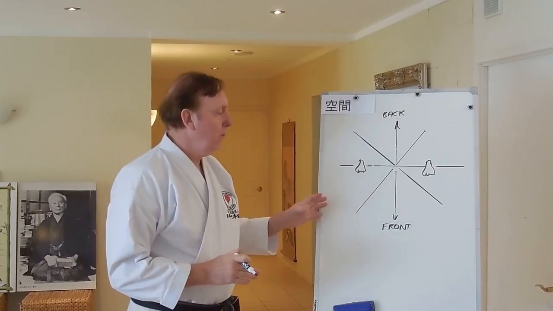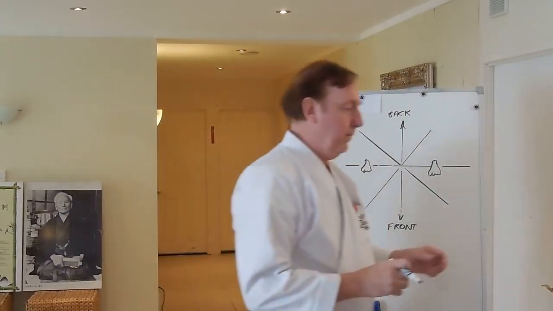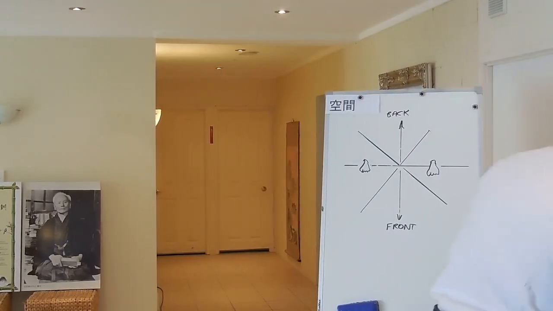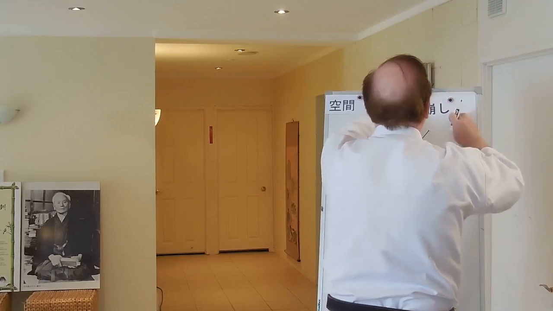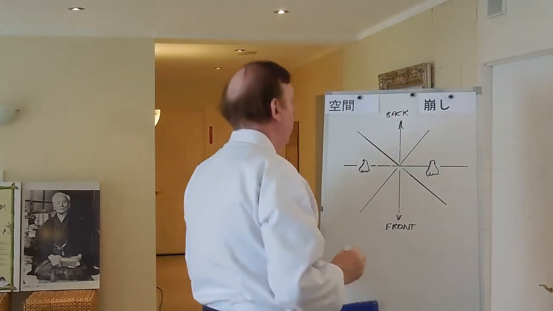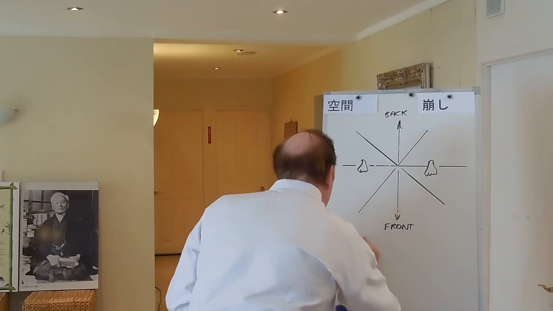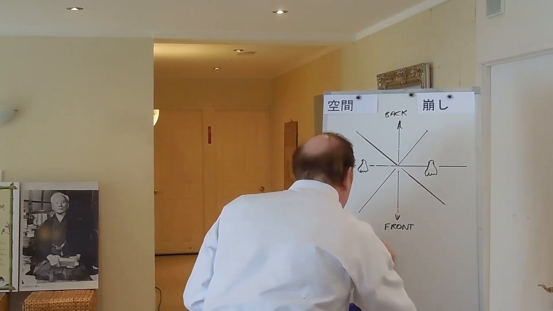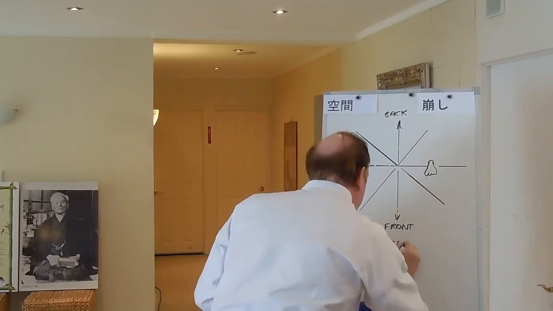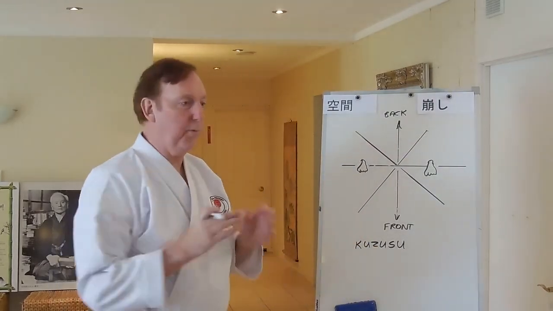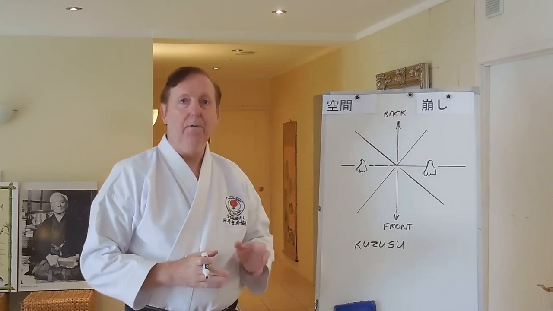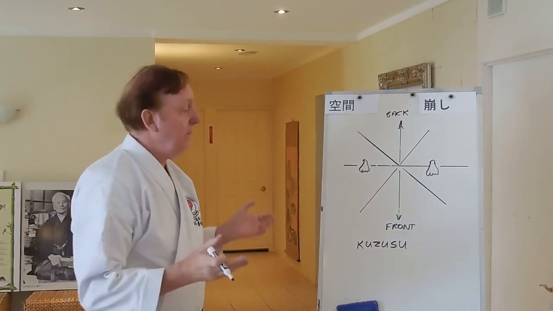Now, first of all, we're going to look at the subject of kuzushi. So let's take our kanji for here, and this one is kuzushi. Now, kuzu comes from kuzusu, and this primarily means to break, collapse, or crash into something, even demolish it.